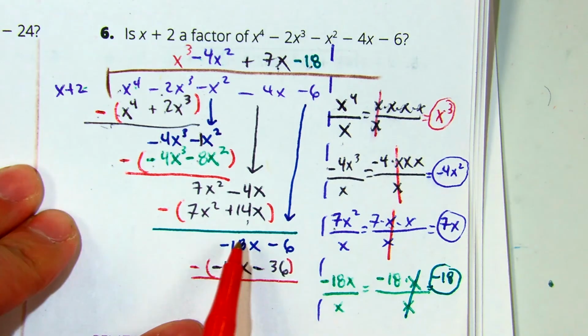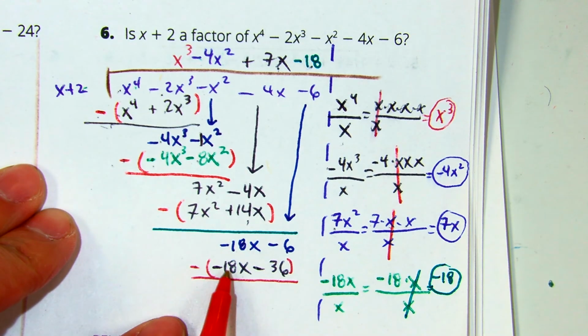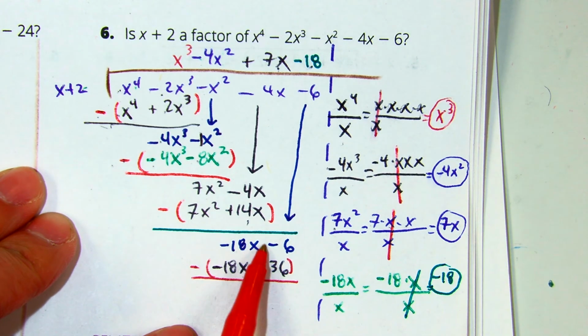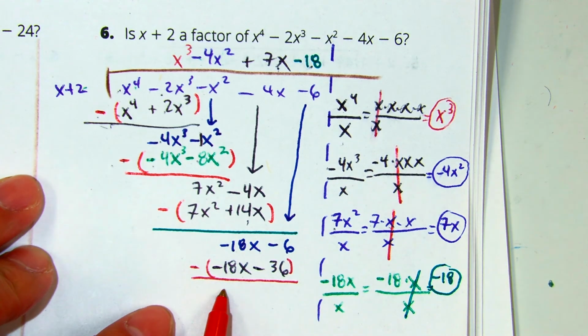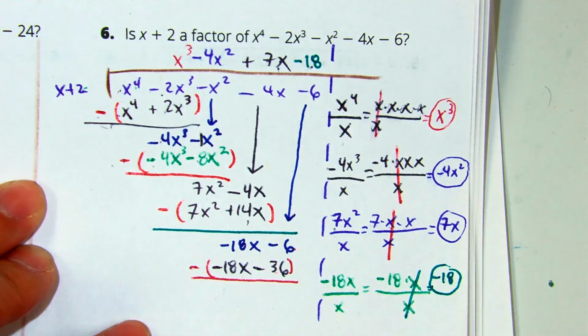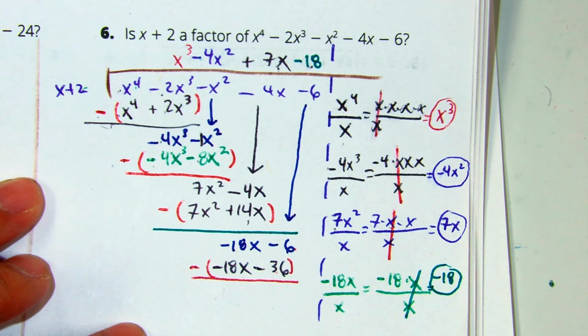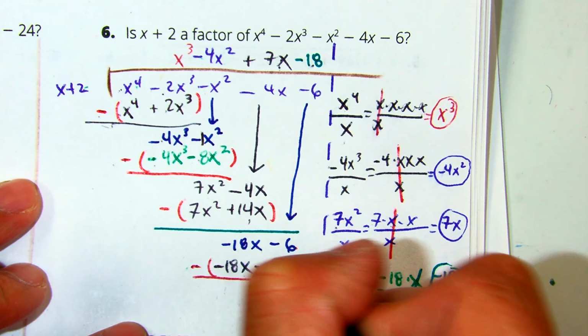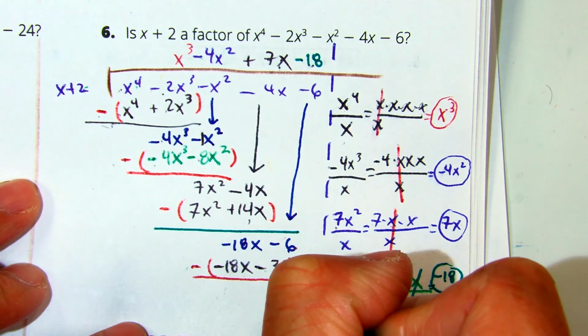Something minus something is 0. Right? Same minus same equals 0. Negative 6 minus negative 36. That becomes a plus, so negative 6 plus 36 gives us 30.